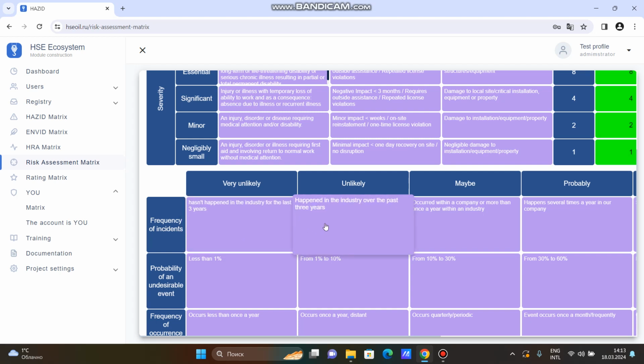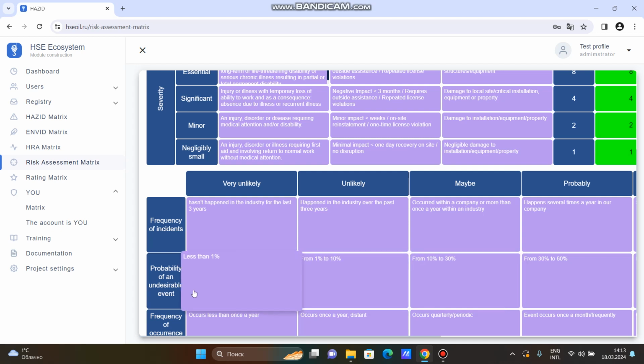Here never occurred for 1 year. Here, occurred once, for likely occurred last week, and for very likely occurs every week or practically every day. So we make settings here and every customer can choose their own definitions.